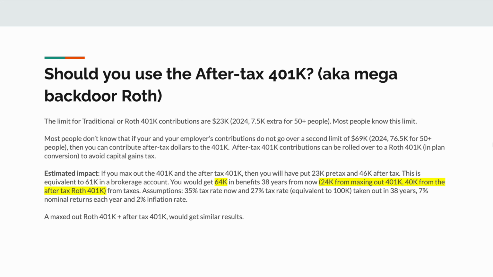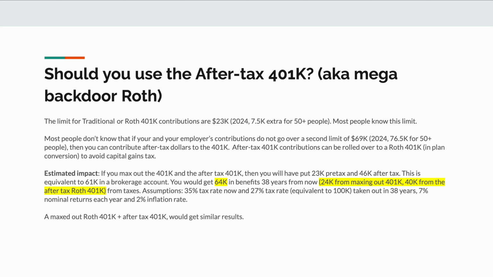Okay, so now that you know what the after-tax 401k is, should you actually use it, assuming that it's available from your employer? Well, a couple of things you should think about. One, you definitely want to have one that has the in-plan conversion, because that's going to really make it much easier for this to work operationally.